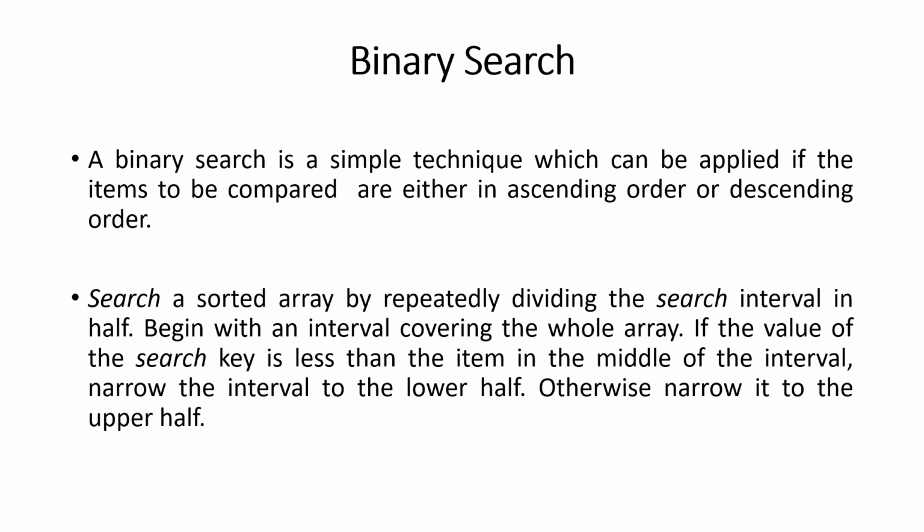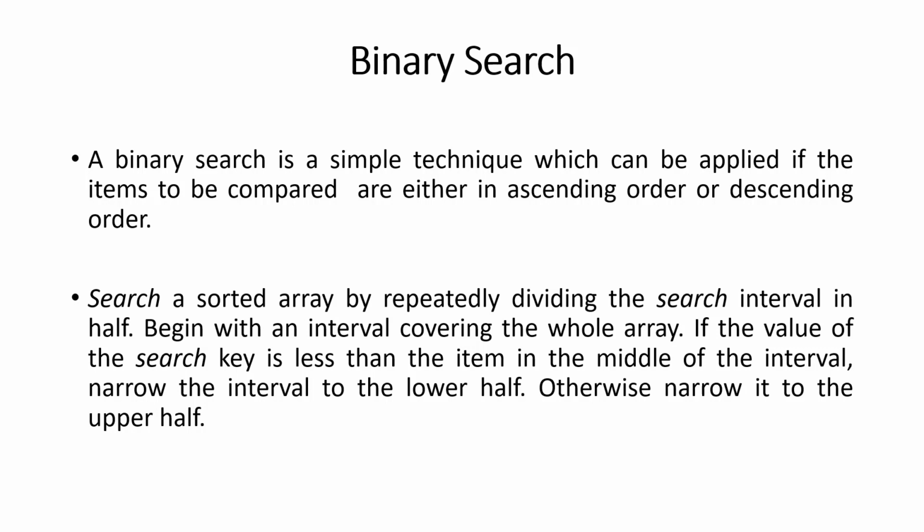Otherwise, we search either the left part of the book or the right part of the book. If the name to be searched is less than the middle element, then search towards the left. Otherwise, search towards the right. The procedure is repeated till the key item is found or determined not to be found.